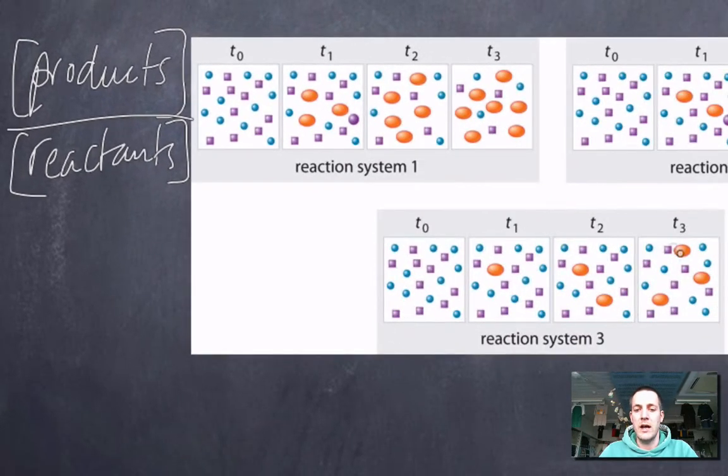In this reaction system here, where the amount of products is small, so the top of our fraction is small, but the concentration of reactants is relatively large, so the bottom of our fraction is large, then the value that our equilibrium constant will take will be small. It will be less than 1.